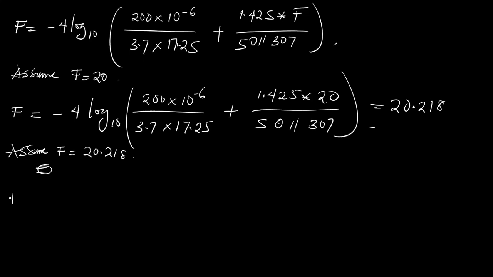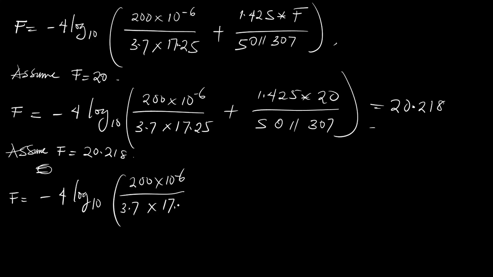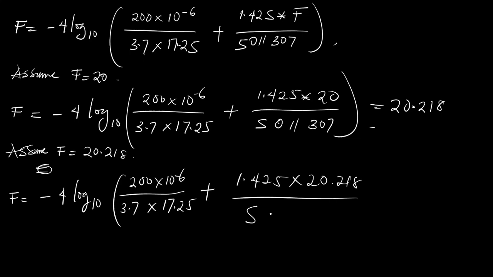So we have F now equal to minus 4 log to base 10 bracket open 200 times 10 raised to power minus 6 divided by 3.7 divided by 17.25 plus 1.425 times 20.218 divided by 5,011,307. Let's calculate this and see what it gives us.